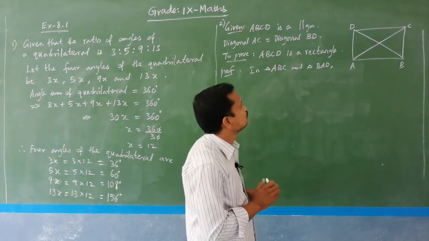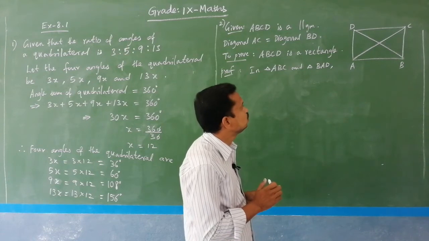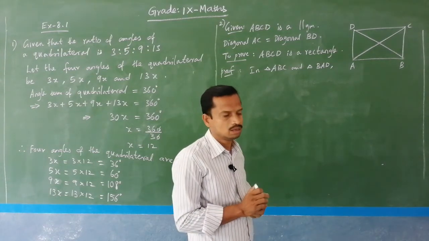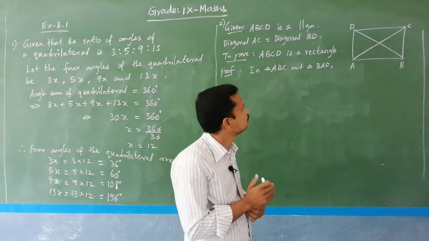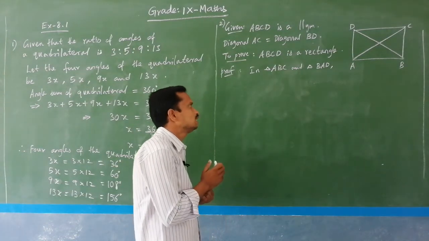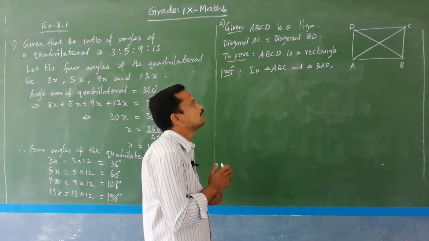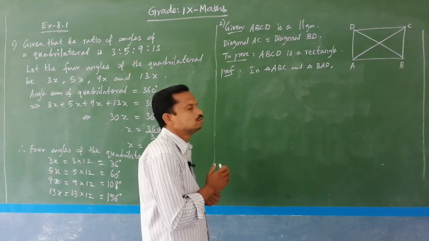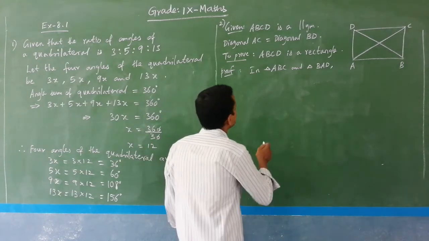You see, BC is equal to AD. You know why? That is the parallelogram. Opposite sides are parallel and equal. So, BC is equal to AD, and AB is the common side, and the diagonals are also given equal. So, easily you can say that.